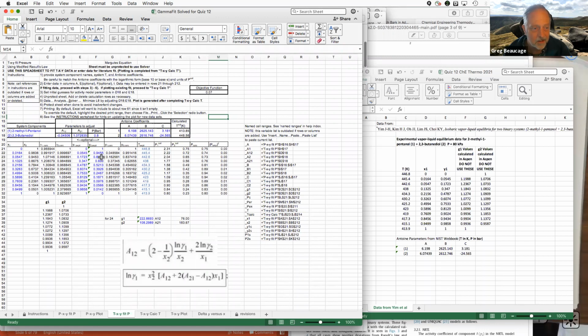They get the compositions from a gas chromatography mass spec. So they make a vapor out of this, run it through a column. It separates according to mass, and then they run it through a mass spec, and it'll separate the vapor into species. So they can figure out the composition of the two components using that chromatography.